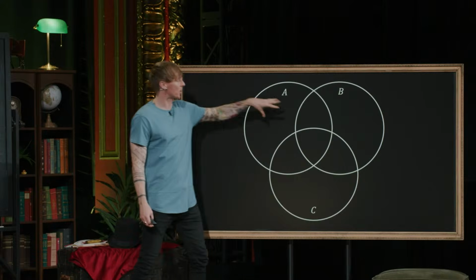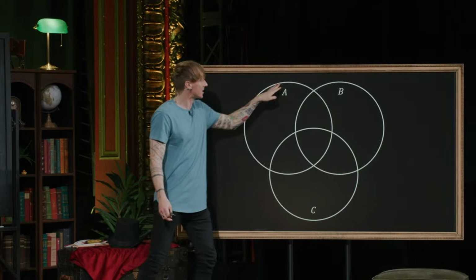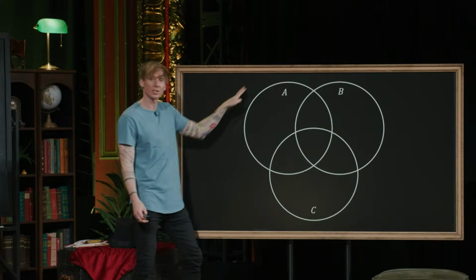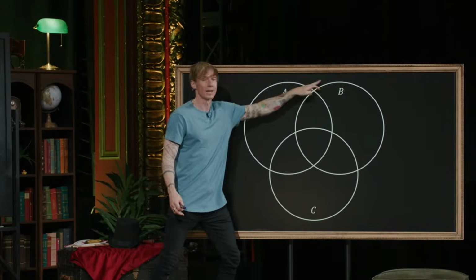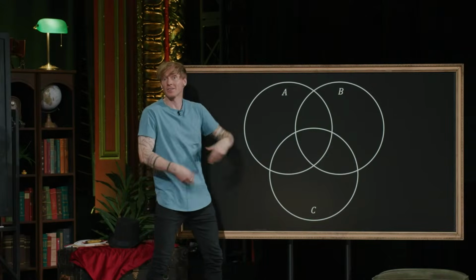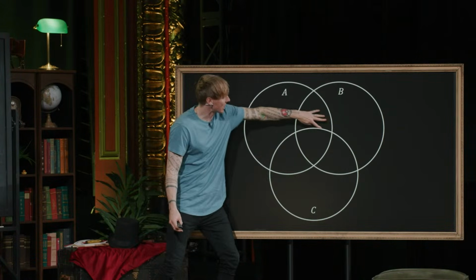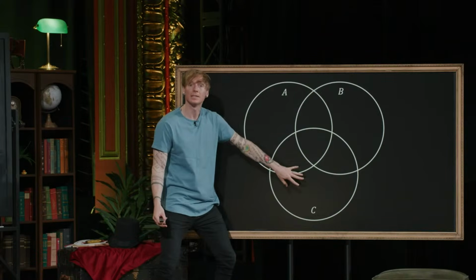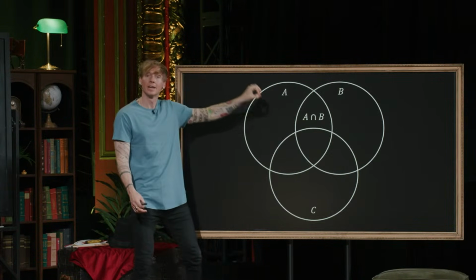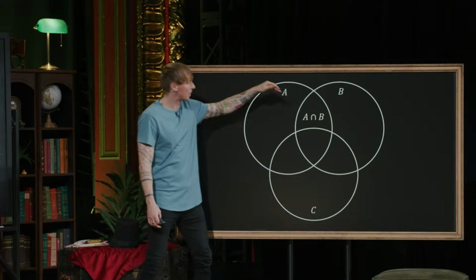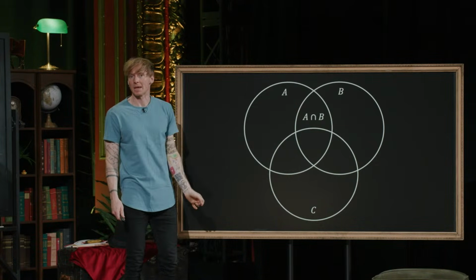So if we focus first on the one at the top, this region here is inside set A, and it's also inside set B. So this is going to be the intersection of A and B, and this top section is not in C, so we're outside of C. So here we would say this is just an element that is in both A and B, so this is the intersection A intersect B.